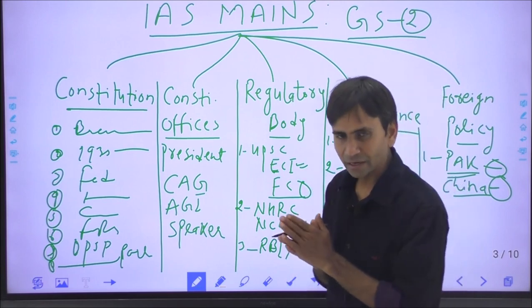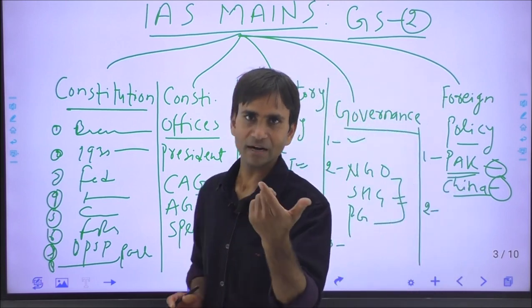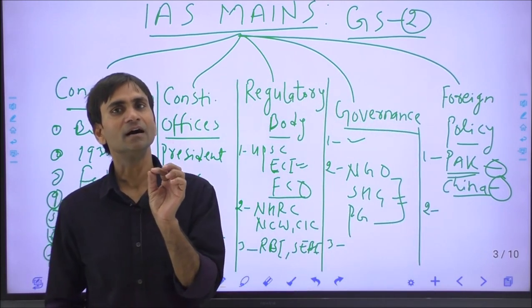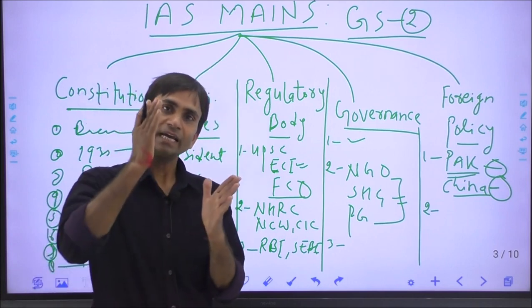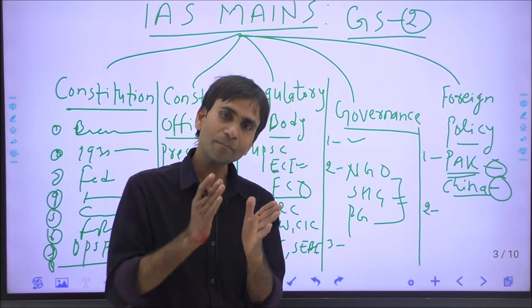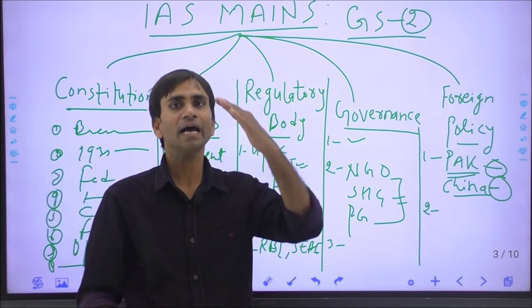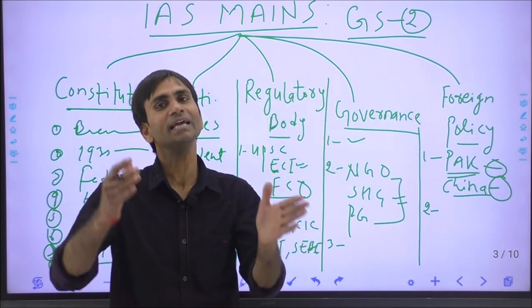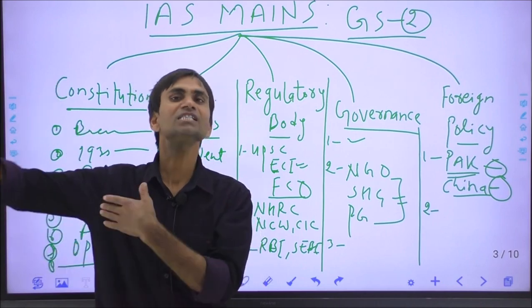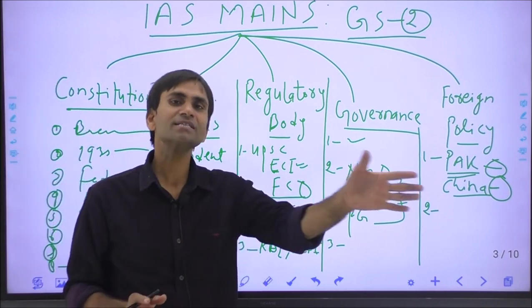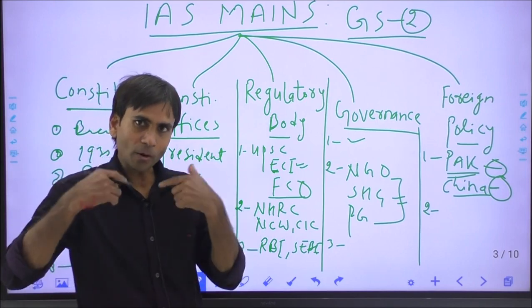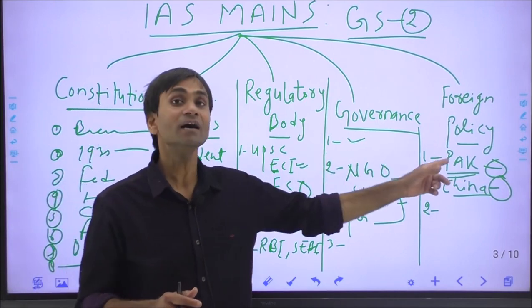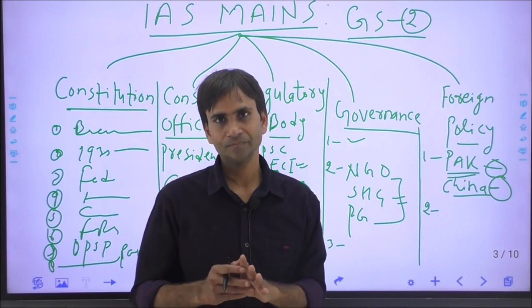So definitely if there is a bilateral agreement between America and Russia, it will affect Indian interest, because India is a partner of Russia and America not only in the defense sphere, but in the economic sector and other sectors. Such kinds of topics we have to prepare according to the second line of the syllabus.